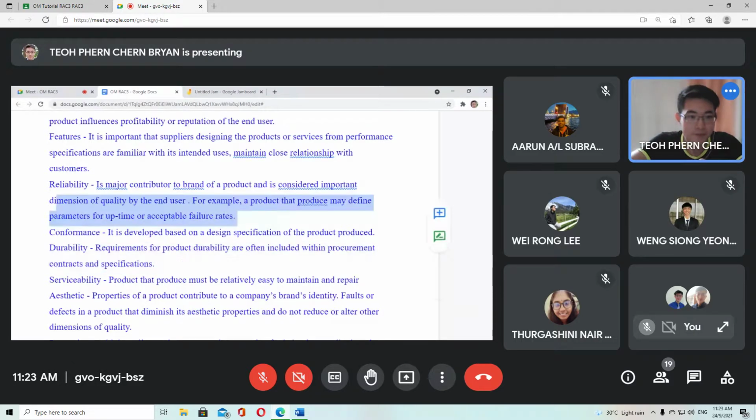But if a good company like Apple, Apple has good reliability. If you buy an iPhone, high chance your product got no problem. Got chance got problem lah, but high chance got no problem because they are reliable. Number one, they are durable first, and they also make a lot of promises, right?